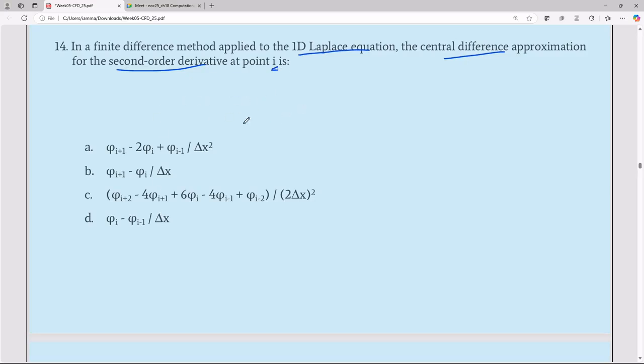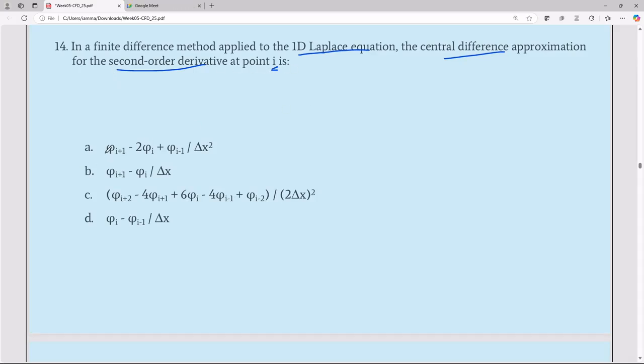So the question is, for a one-dimensional Laplace equation discretized using central difference approximation, which among the following is the second order derivative at point I?